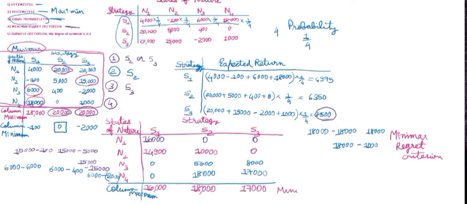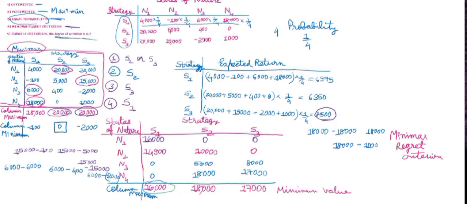So once we have found the column maximum, we'll find the minimum value. From these three, our minimum value is 16,000. Hence the decision maker should adopt the strategy S1. So the answer to question 4 is S1.